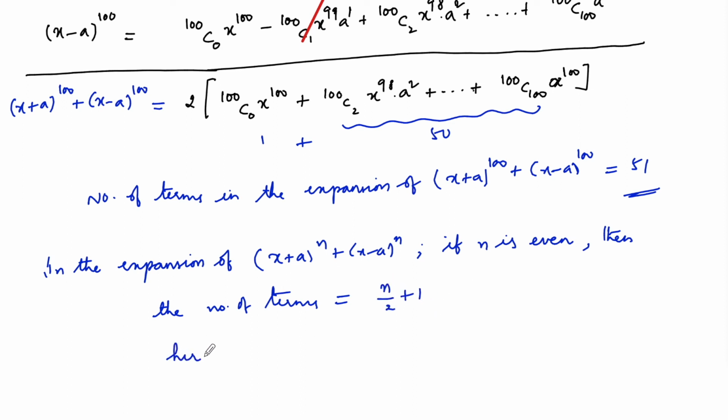So here n is equal to 100, therefore the number of terms is 100/2 + 1, that is 50 + 1, which is 51. So 51 terms is the answer.